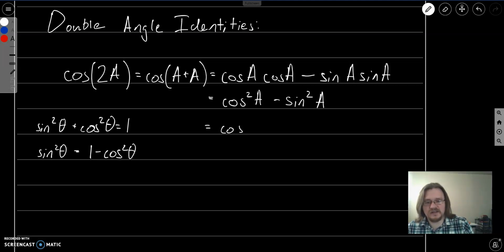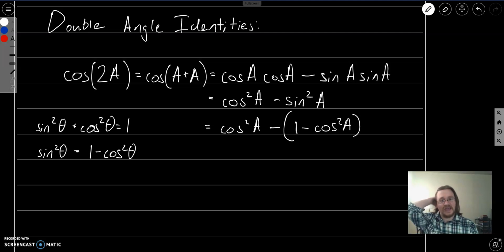So this is going to be cosine squared A minus 1 minus cosine squared. And from here, I can simplify this. So I've got cosine squared A minus cosine squared A minus, that's a plus. This is going to be 2 cosine squared A minus 1.